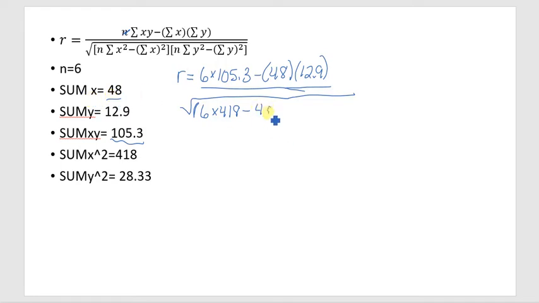And what we're doing with that one is that number we're actually squaring. So this is the sum of the x's and then square that. So that's the first bracket. Now the second bracket, 6, which is n, and then the sum of the y squareds, which is 28.33. Minus the sum of the y's, which we get 12.9, and then square that.